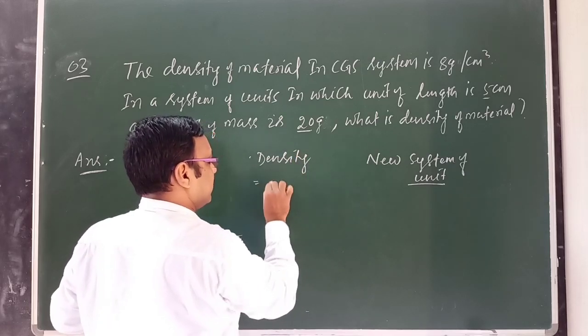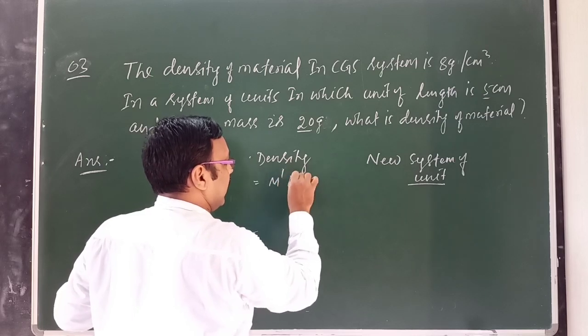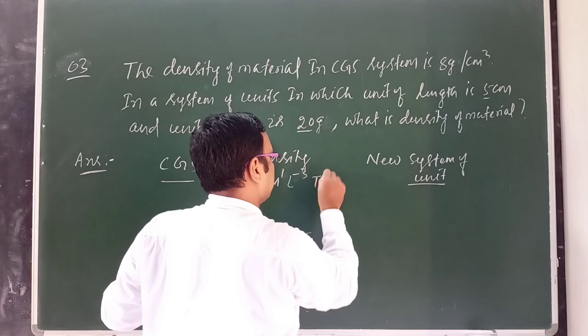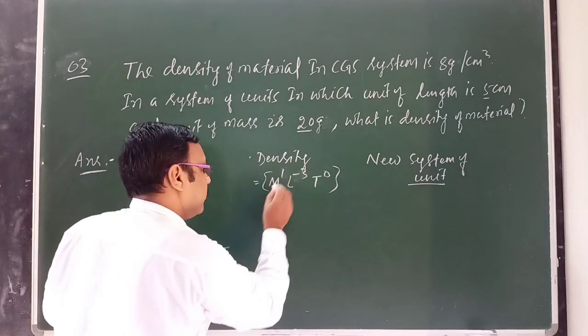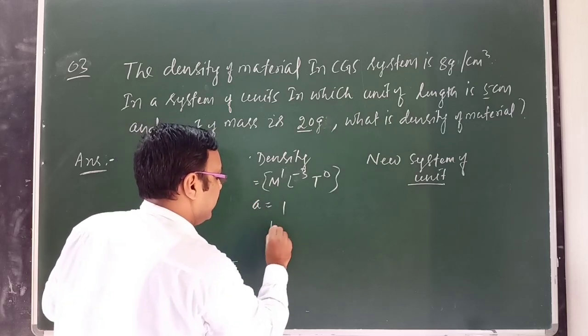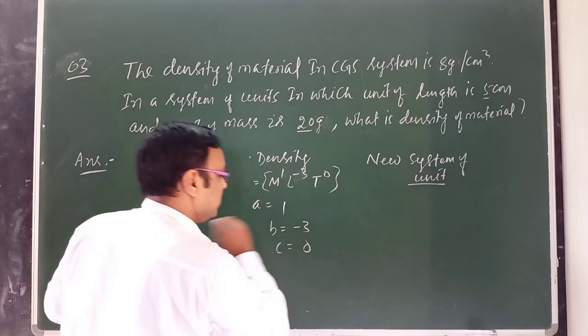And density means mass by volume. So the dimensional formula is M1 L0, mass by volume L cube, L minus 3 T0. M1 L minus 3 T0. Therefore from this we can say a equals 1, b equals minus 3 and c equals 0.